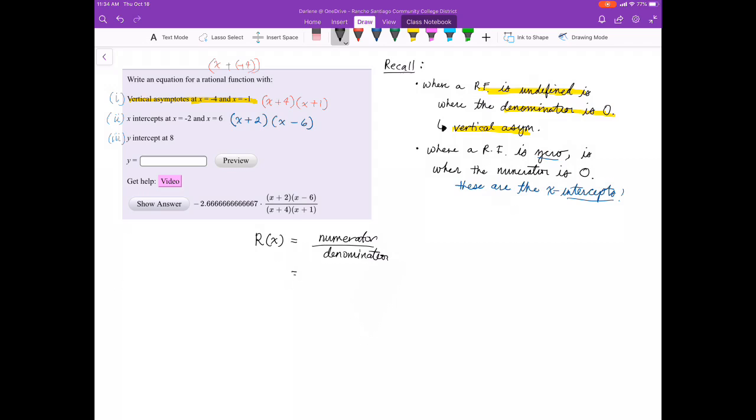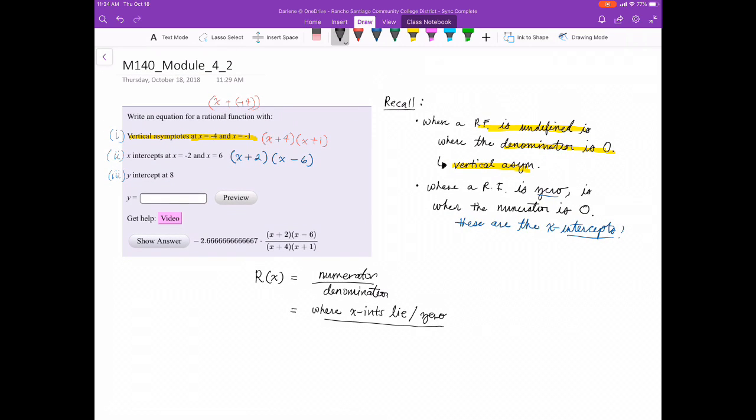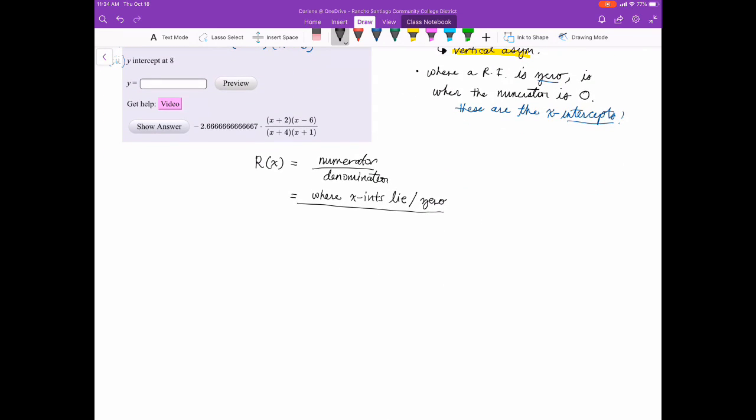Okay, this numerator is where x-intercepts lie, okay, or where it's 0, okay, and the denominator is where you have vertical asymptotes. And that's where the rational function is undefined.